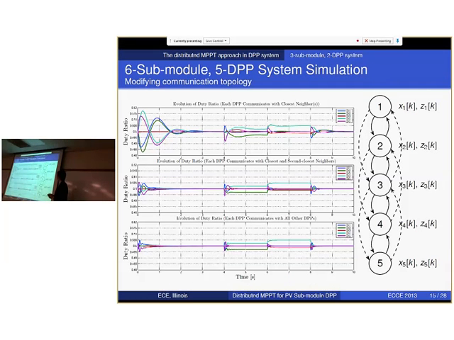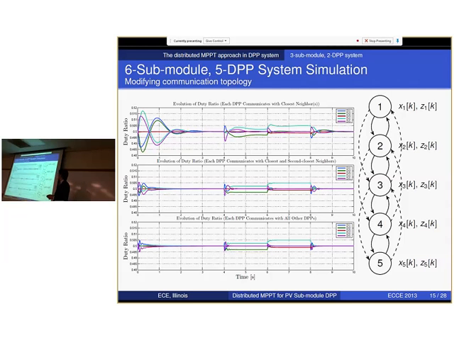So here is another simulation of a 6-submodule 5-DPP system. In this case, we have a similar setting to the previous simulation, where we start at a certain condition and have insulation changes at these points, and they can all converge to the new optimal value.